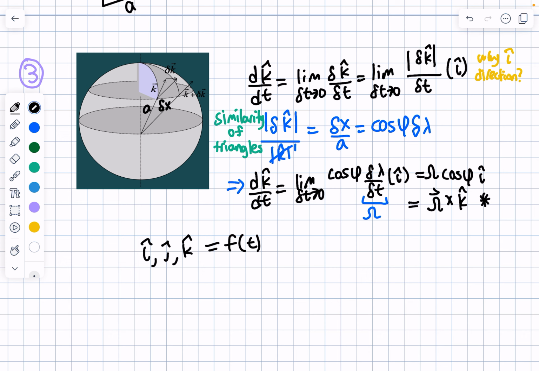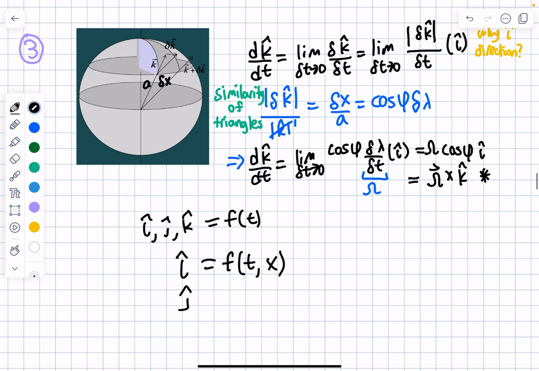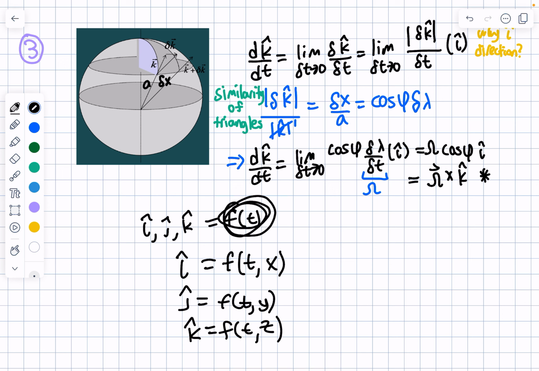But the Coriolis force in that case is not complete because there is curvature to the Earth. So it turns out that, for example, i is not just a function of time, it's also a function of space. It's also a function of x. And j will be a function of time and y. k will be a function of t and z. In this case, we just assumed this. So that's why we got to our result.